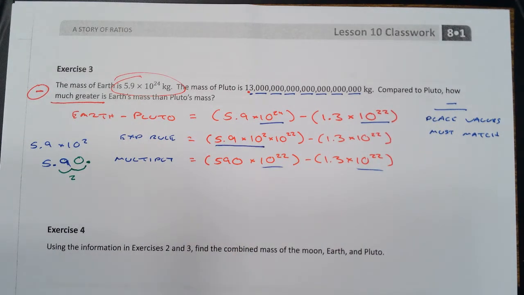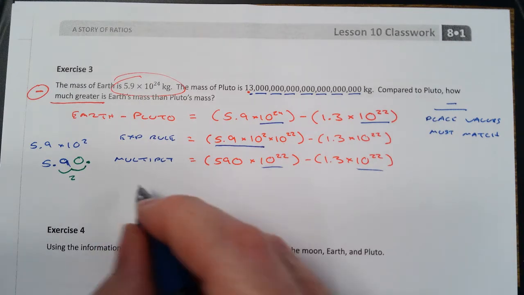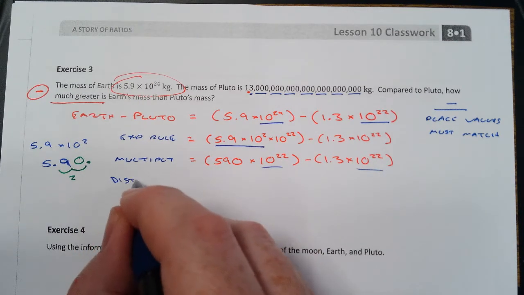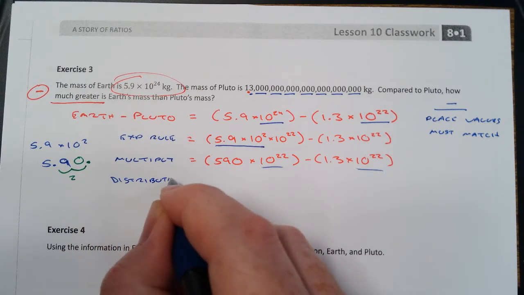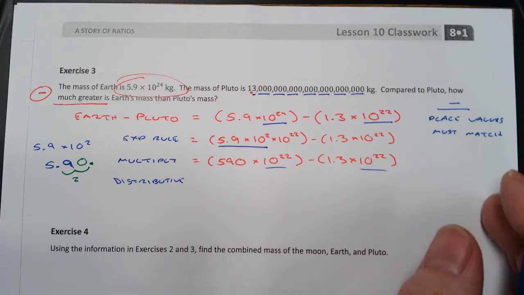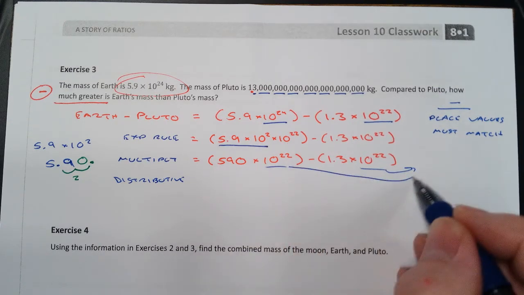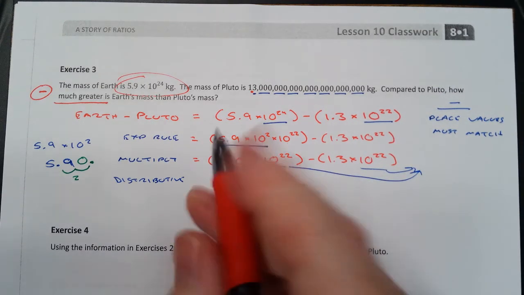Now I can use a property. Because the place values match, because I have the same thing inside both parentheses, I can use the distributive property. Remember the distributive property, if I have the same thing in 2 sets of parentheses, I just pull that out of both of them.